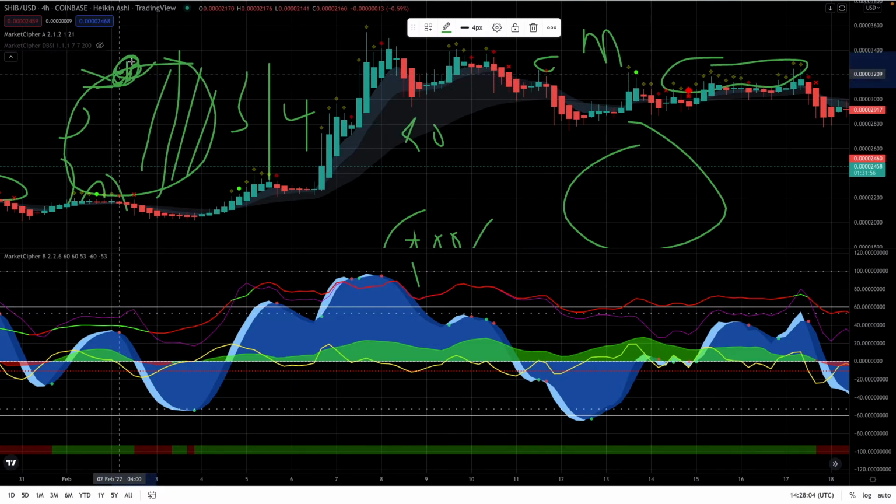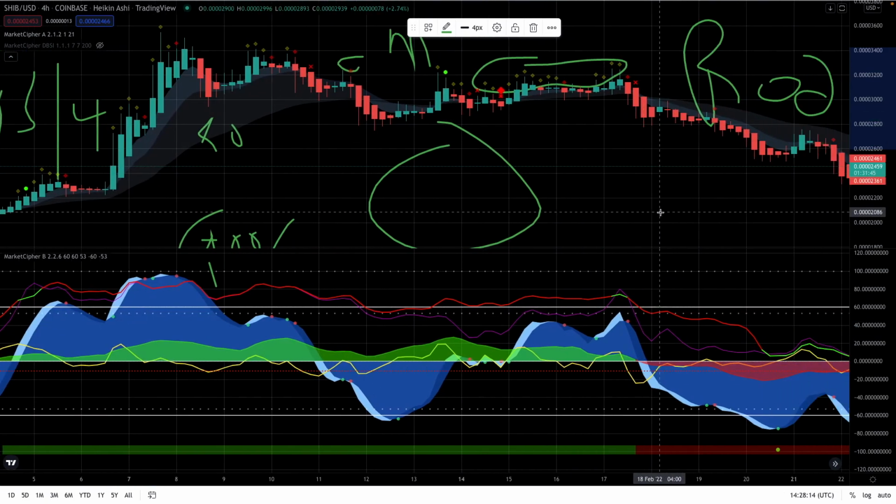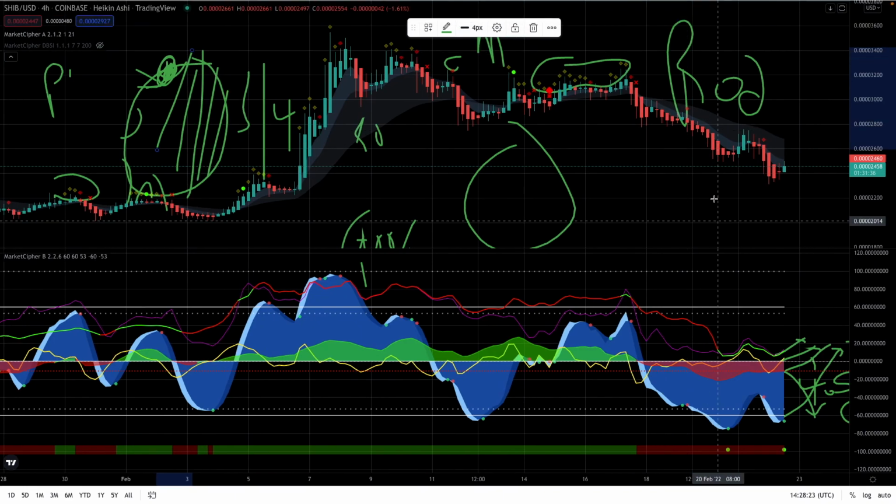And trading primarily with just a fragment of the data is very dangerous. You need enough data, and market cipher B gives you enough data. And so the probable outcome of trading is, since trading is a probability, you need enough confluences of direction to confirm probable outcomes. So until then, have a nice time.